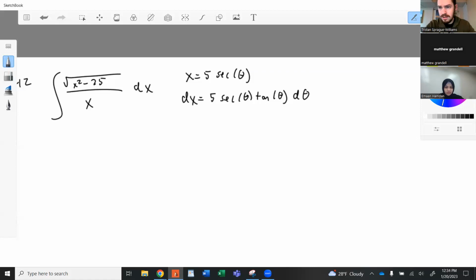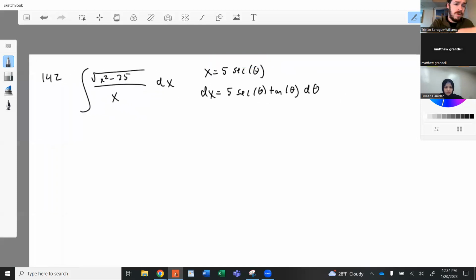If you don't like using theta, you could use some other variable, like u if you want to, although since this is significantly different from u substitution, I think using u might get confusing. You could use t. T is a common letter for an angle. There are other alternatives, but don't use x again. That's a mistake. I made a comment about that for one of the groups.